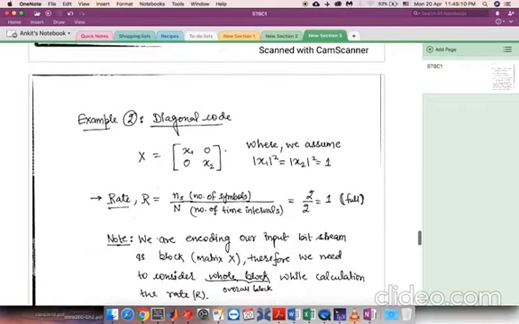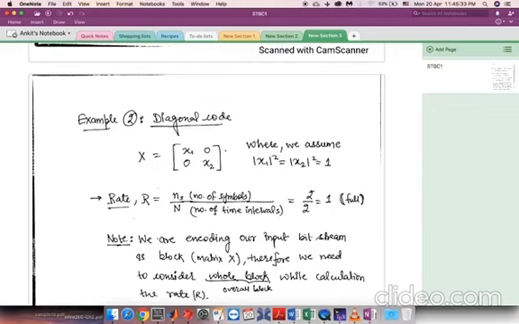This is another example, named a diagonal code, in which we are transmitting the symbols diagonally, denoted as x1 and x2. It is given here, or we can assume, just for convenience, that mod of x1 squared is equal to mod of x2 squared. It's a unitary constellation property. You don't need to bother about this right now.